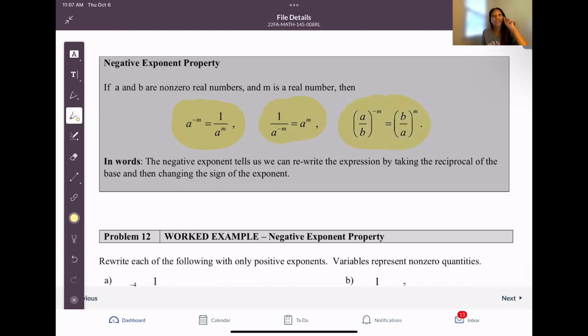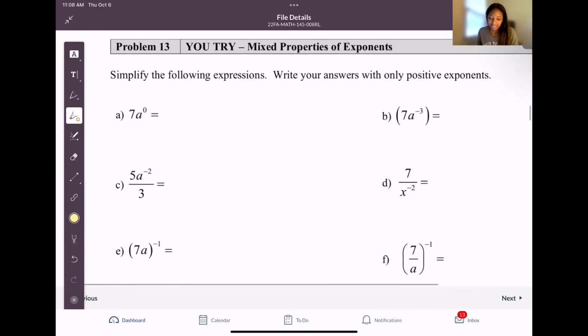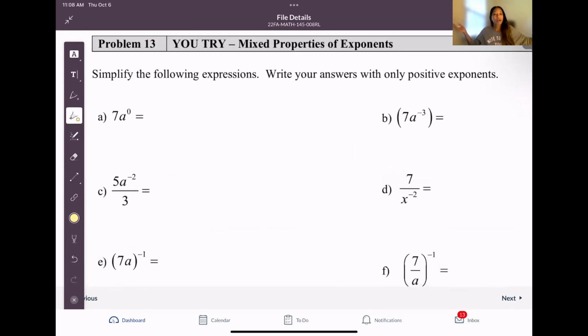We're going to use all of these properties along with our previous properties to simplify lots and lots of examples. This is mixed properties of exponents, all of the properties that we've gone over today, put into one group of problems.